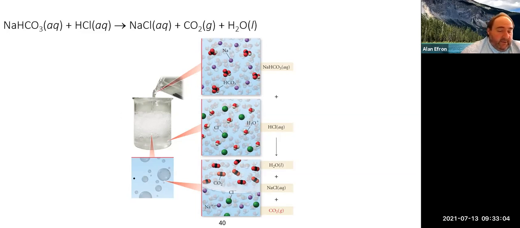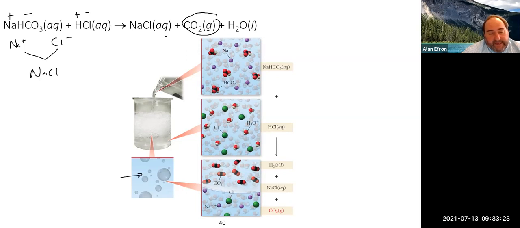But again, here you definitely will see those bubbles form, and that is the CO2 gas being generated. And again, this is sodium bicarbonate, like baking soda, and hydrochloric acid. It is the sodium and the chloride coming together to make our sodium chloride, which we see here.